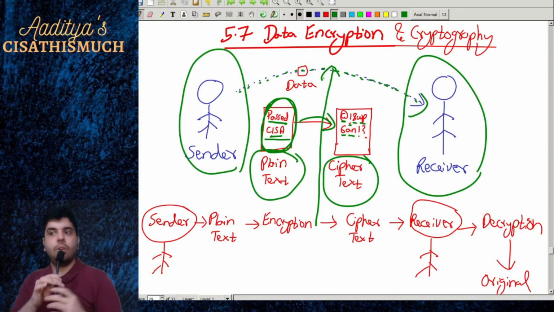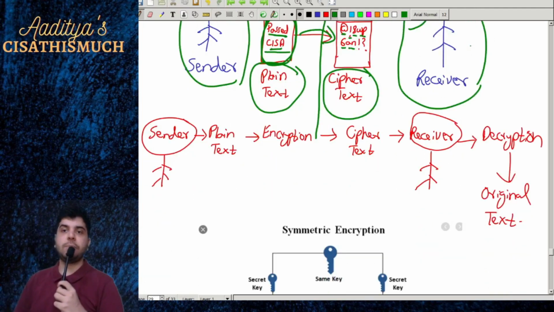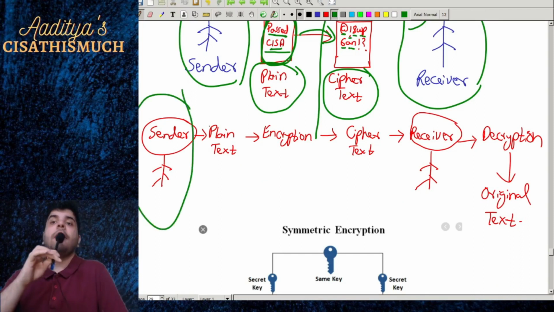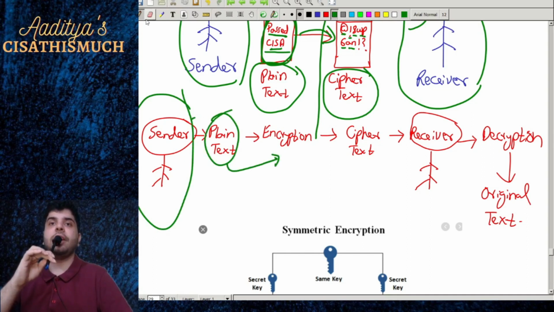The sender encrypts the plain text into ciphertext.